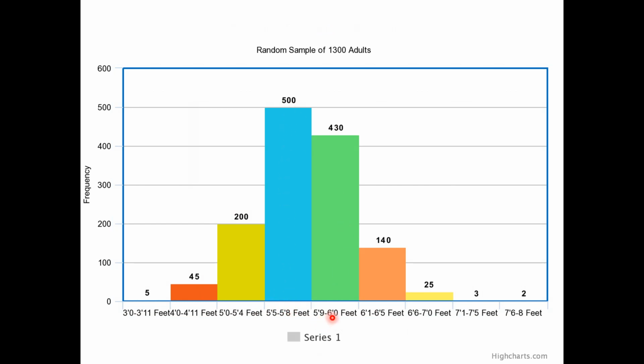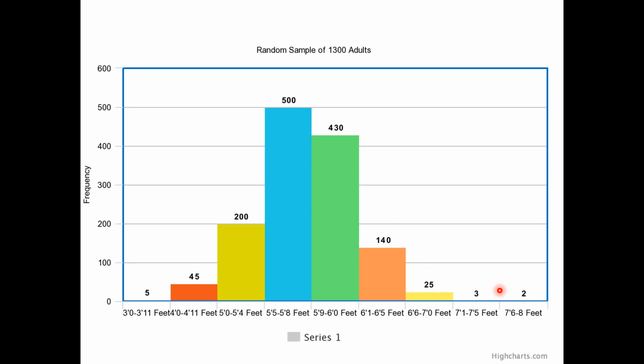People between 5 feet 9 inches and 6 feet are close to 430. So your histogram, your frequency distribution is going to look like this in phenomena like randomly measuring the height of individuals, or the weight of the individuals, or things like the blood pressure of the individuals. It is not going to be a uniform distribution.